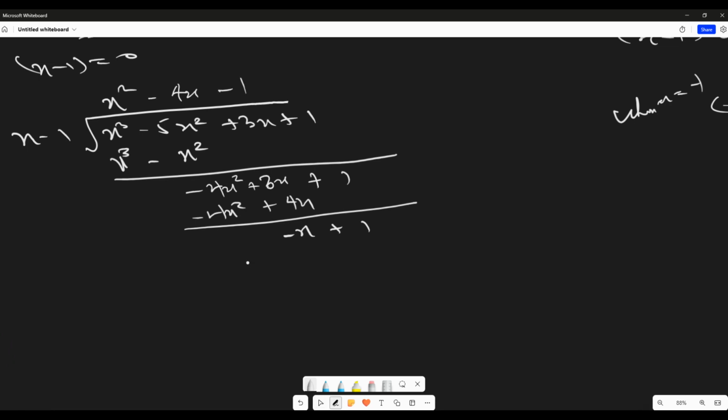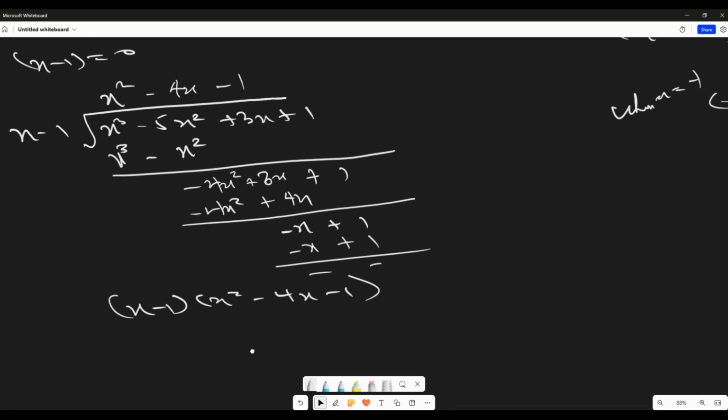And I multiply back to get minus x. And this will give me plus 1. And this will drop. So the factorized form for the denominator becomes x minus 1, x squared minus 4x minus 1. If you look at this expression, you can't factorize this quadratic expression. I can never factorize further.